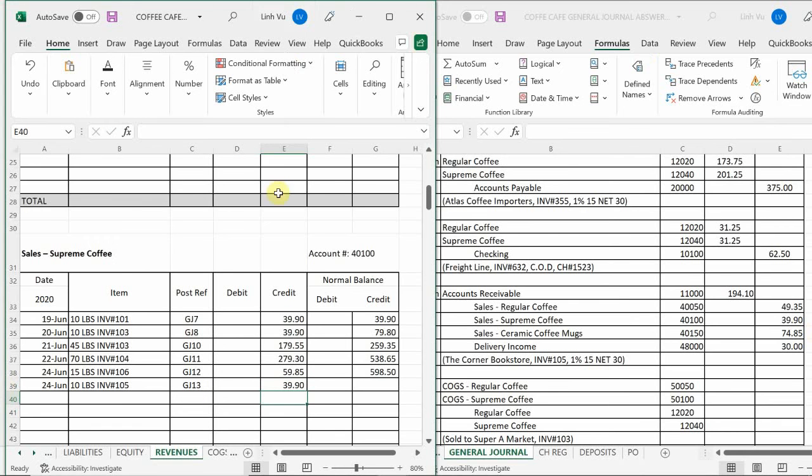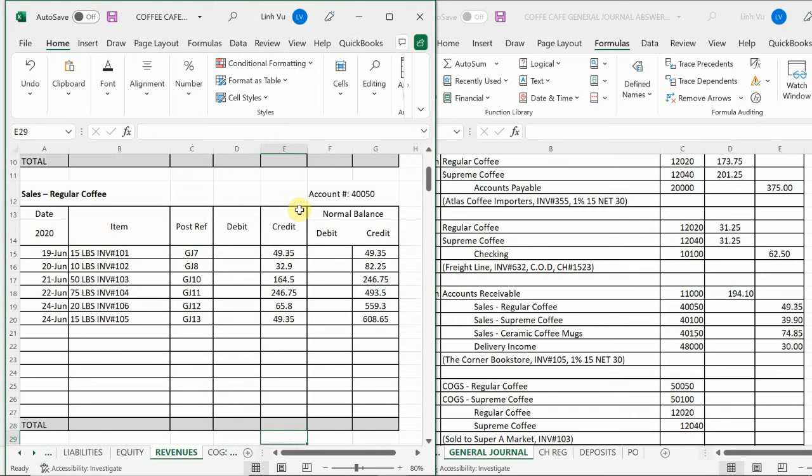What's my ending balance in my sales for Supreme coffee?